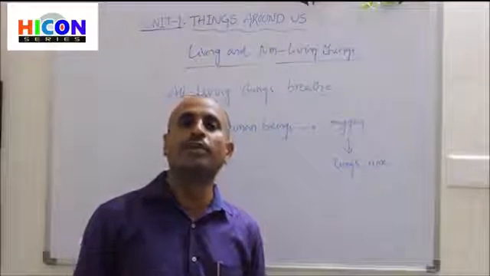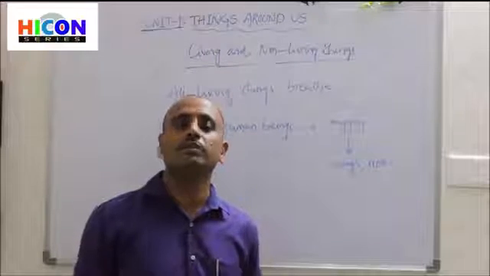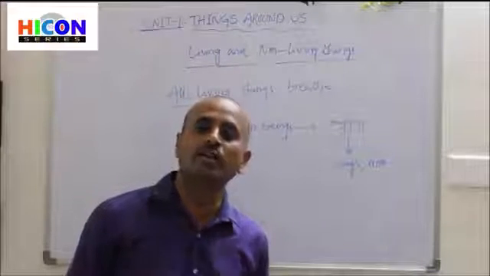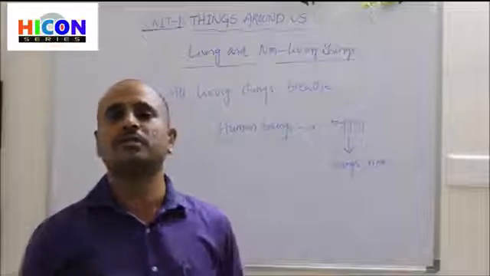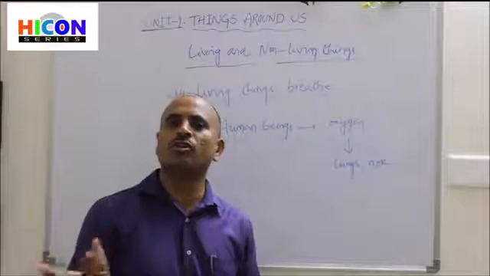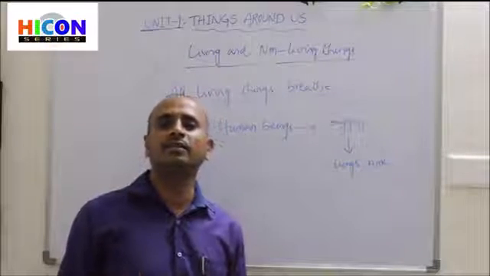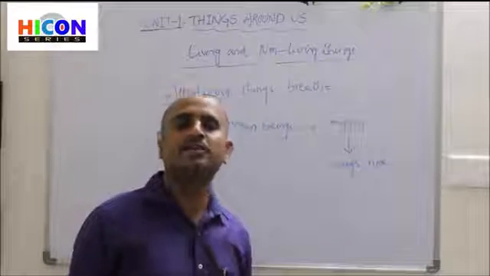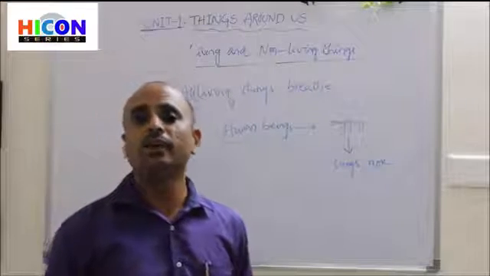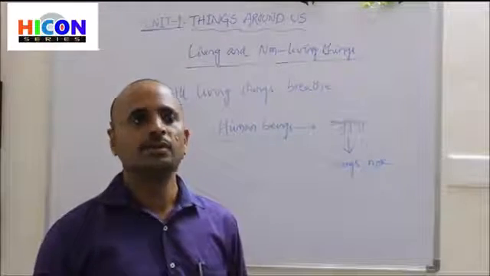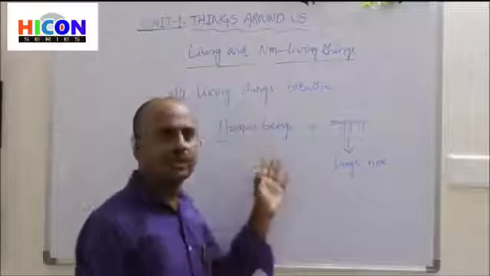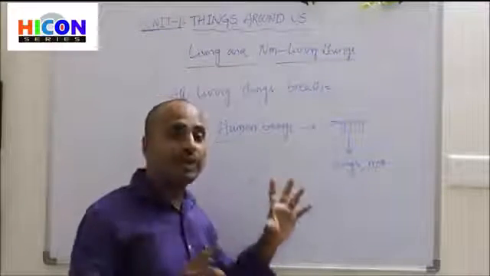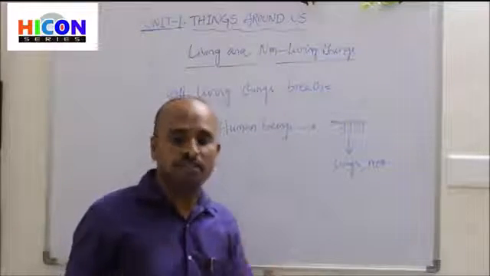Then only the body parts will work properly, then only they will move, and then only they will exist. If there is no oxygen, they cannot breathe and they cannot exist on the earth. They will be dead.